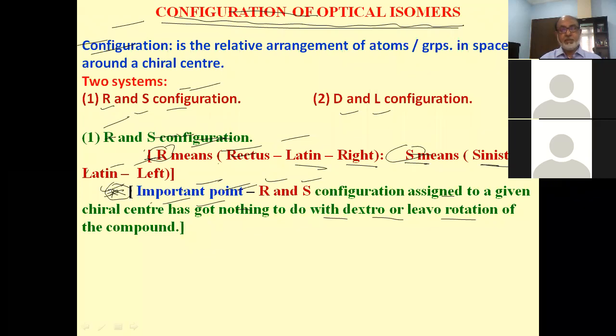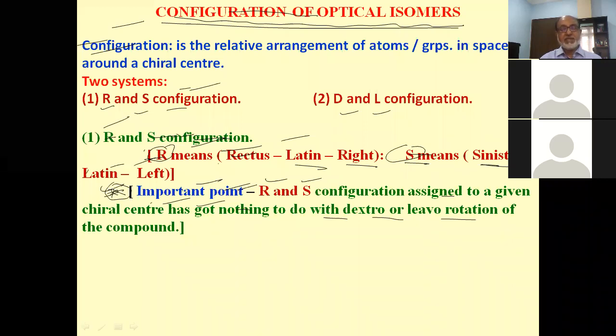Do you get my point? Yes, sir. Or all S is also not going to be levo. It may be dextro. Because dextro and levo have to be ascertained using a polarimeter, which is an experimental observation.